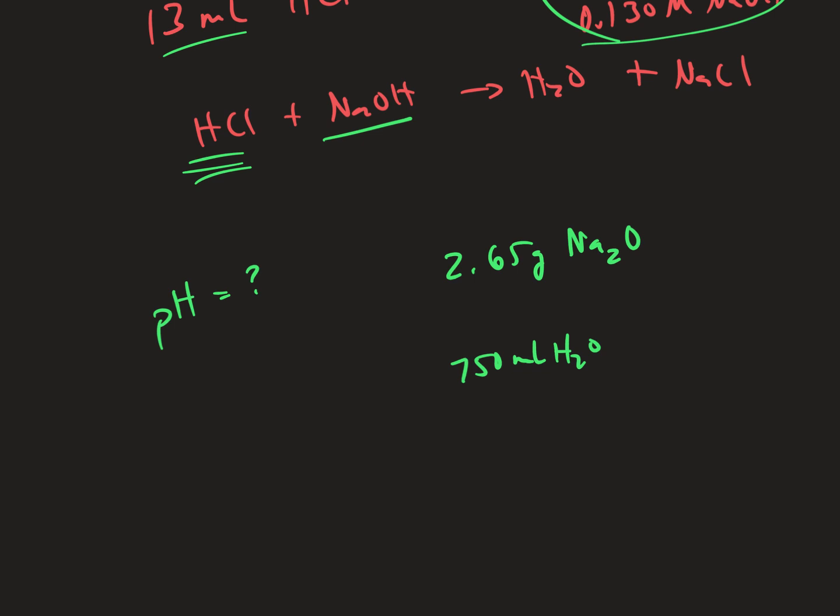It's probably easy, but hold on a sec. 2.65 grams of Na2O to react with 750 milliliters of water. Find out the pH. Can I look at that? Yeah. I took a picture of it on my laptop.